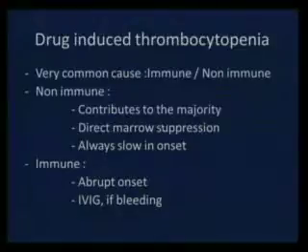The majority of the cases we see in internal medicine wards are of the non-immune variety because there is direct suppression. All right. So if we have verified that the patient has drug-induced immune thrombocytopenia, then the patient will require IVIG. No steroids, IVIG only if bleeding.